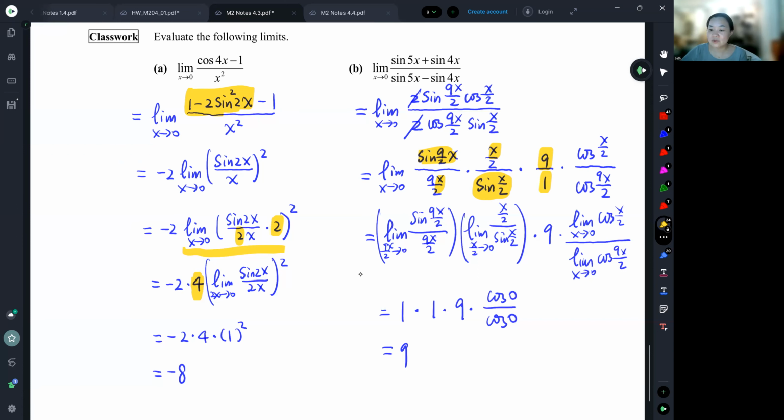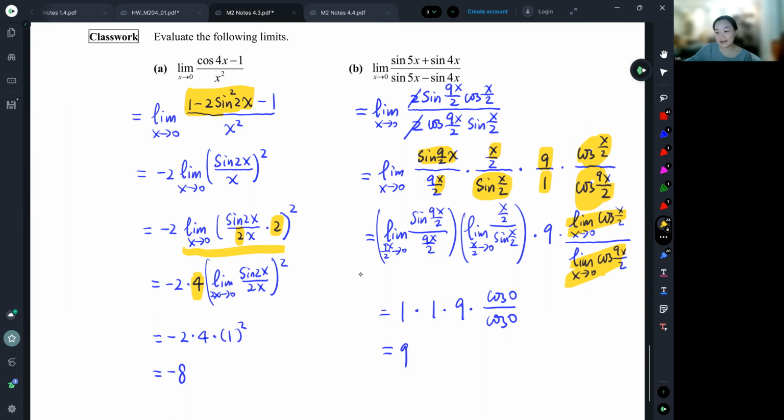Originally we have cosine and cosine, and remember you don't have to do anything with cosine because cosine is a very nice function at 0. These two functions are actually continuous. So later on, I just wrote the limit in, because the limit of the quotient is the quotient of the limits, right?